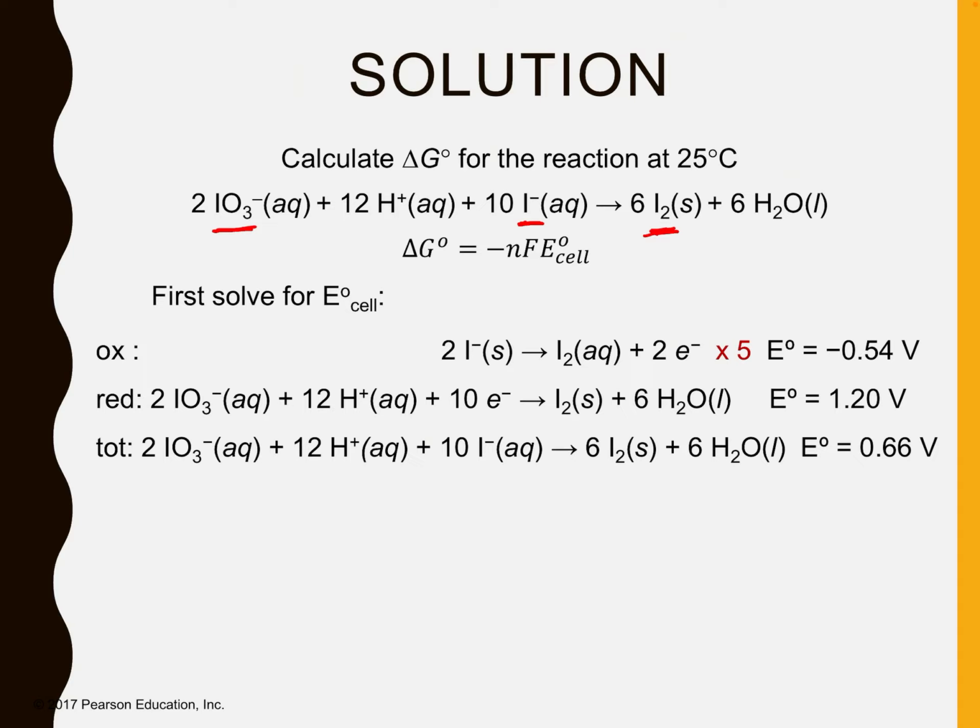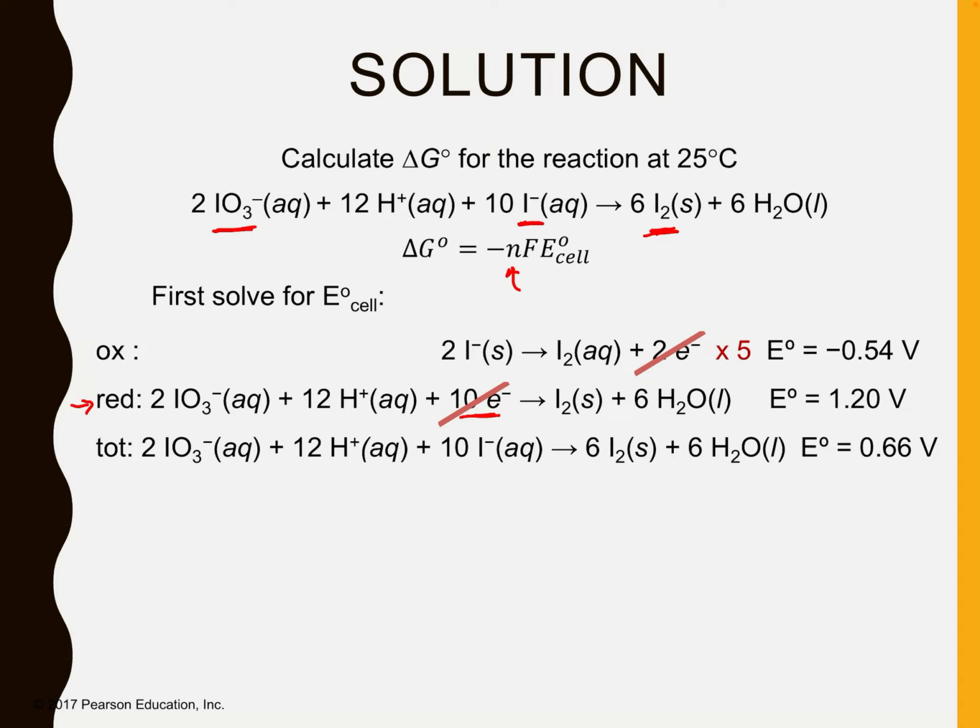Now, previously when we used this reaction, I told you it didn't matter really how they were balancing out, but now it does because we need to see how the electrons are canceling. So in our reduction reaction, we're seeing 10 electrons. So we can just multiply our oxidation reaction by 5, and then we'll get 10 electrons and they'll cancel out. And the reason that we need to know how many electrons are in that transfer is because we need this N value.